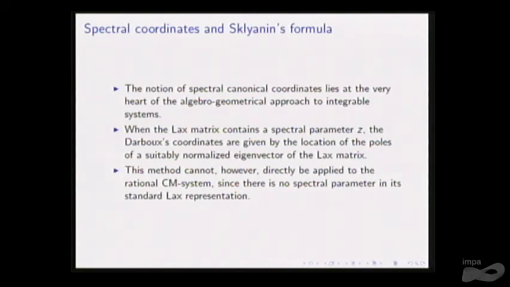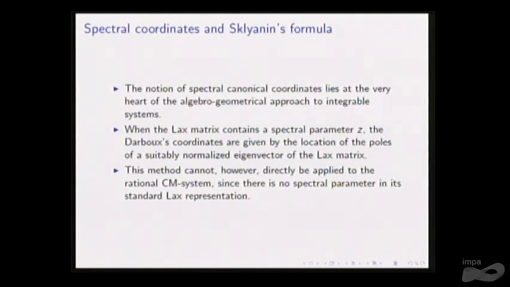In general, to find these Darboux coordinates you need additional structure. You need a spectral curve and an R-matrix. The spectral curve is there because you want to find functions which are in involution. Then you need something that tells you these functions are really in involution, so you need the R-matrix. For the Calogero-Moser system, this is not completely clear, and then this procedure really gives us what we were looking for.